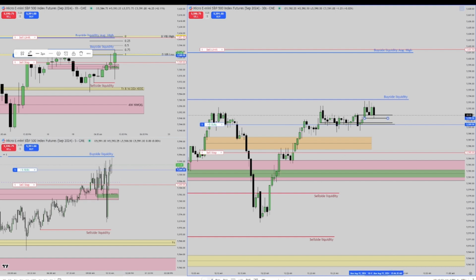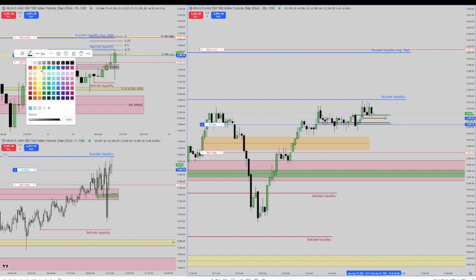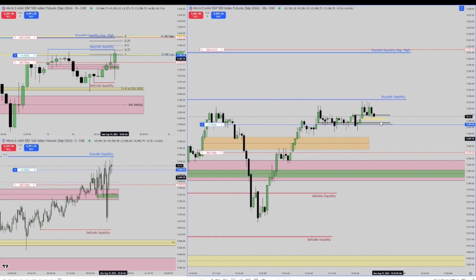This out as well. Change that color to yellow. Get rid of these black lines, keeping that in mind still.